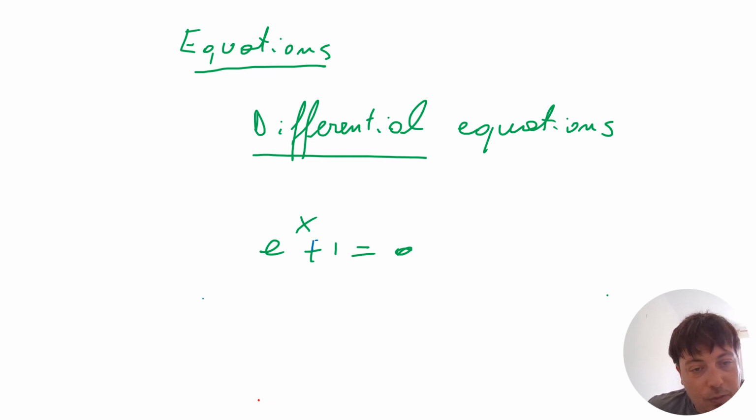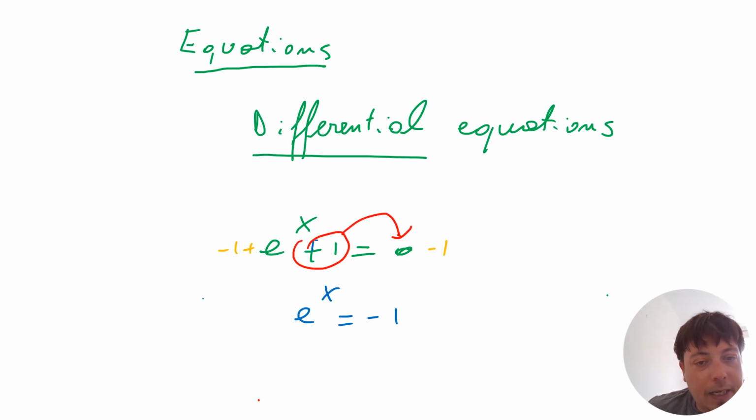We move the minus 1 to the other side. e to the x equals minus 1, by subtracting 1 on both sides. We do minus 1 and minus 1. Visually we can drop this one on the other side by flipping the sign, just as a mnemonic tool.